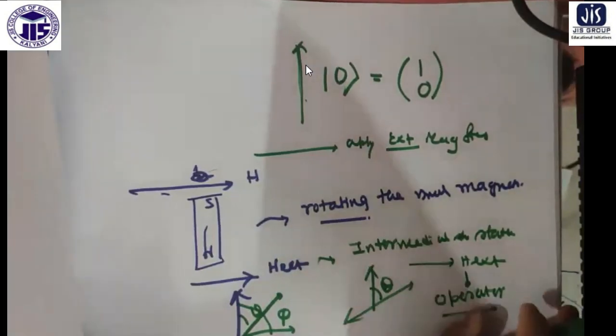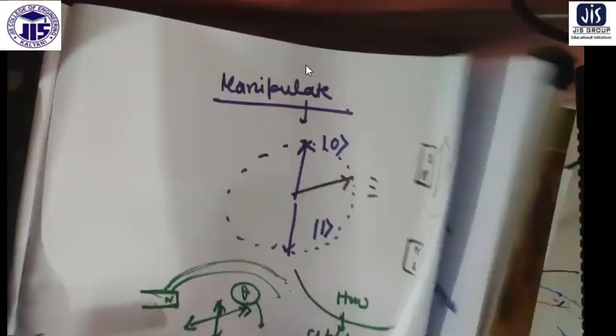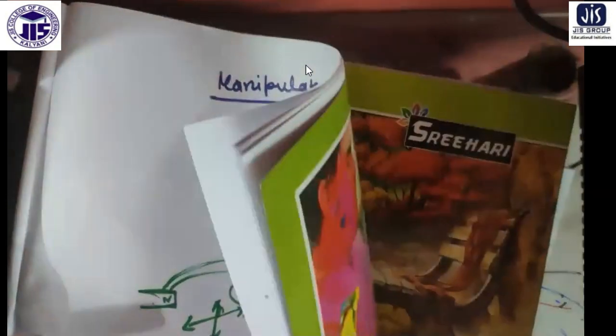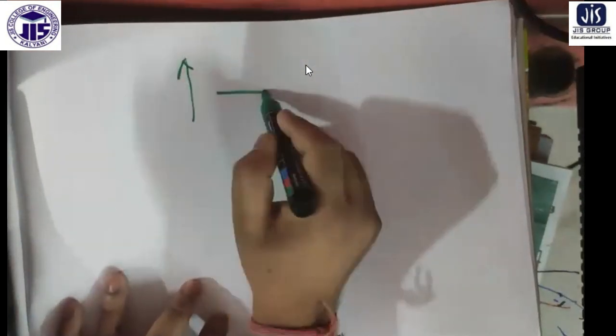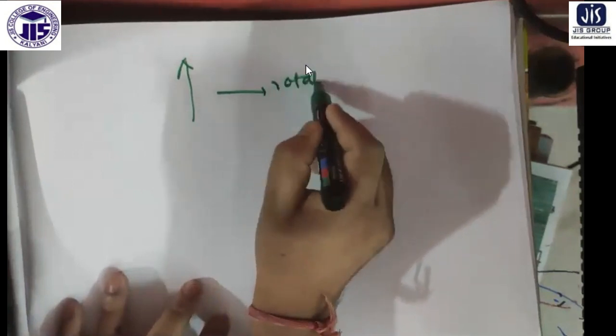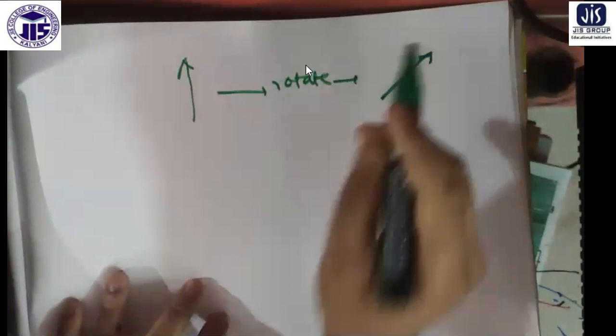Now, according to Pauli, mathematically, a rotation is an operation. According to Pauli, there are three types of rotation operators. This is the magnet, and you are trying to rotate it, and suppose it is rotated like this.